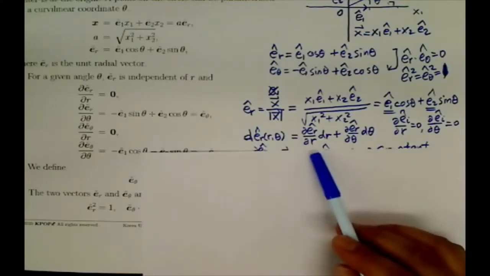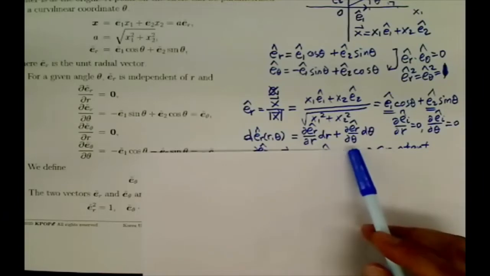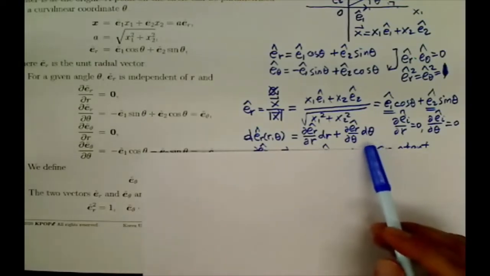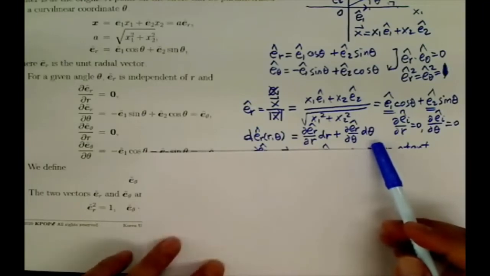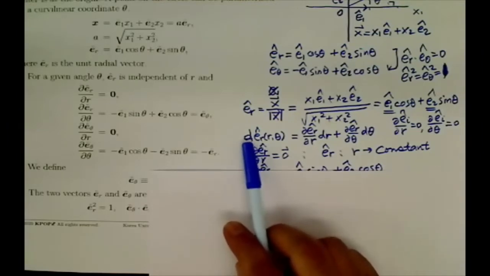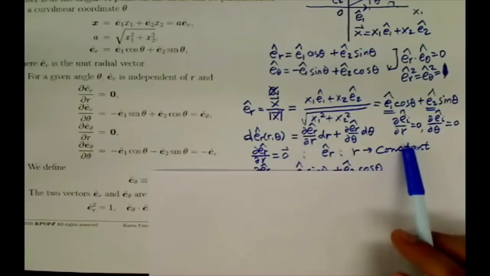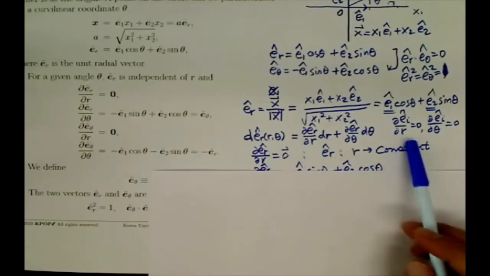So we take the partial derivative with respect to r and multiply by the change in that magnitude, and add another contribution coming from the change of theta. That is the partial derivative of e_r with respect to theta, multiplied by d theta, an infinitesimal amount. If I take the partial derivative with respect to r, as you notice, this vanishes.